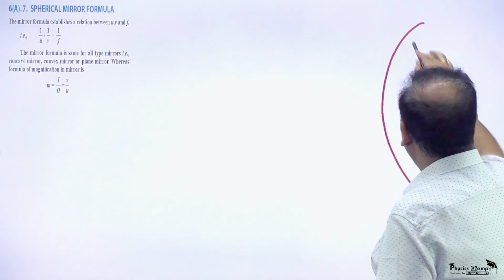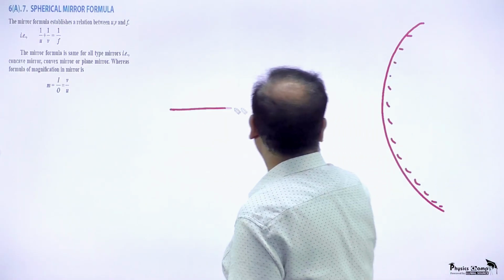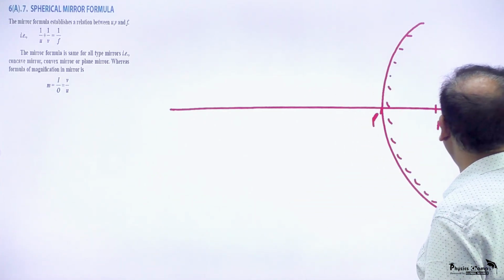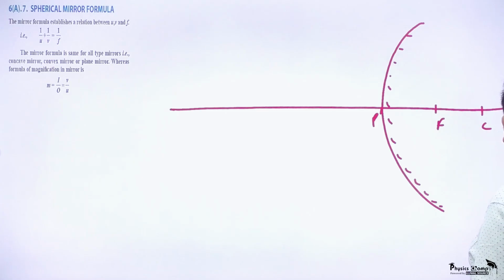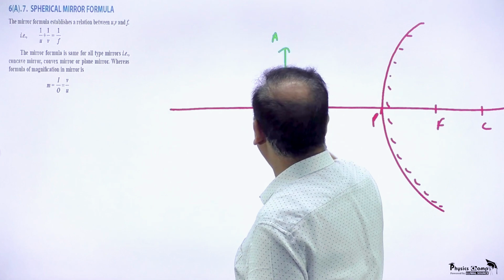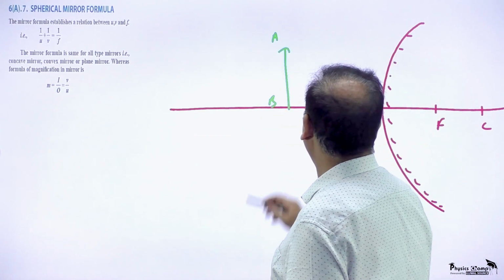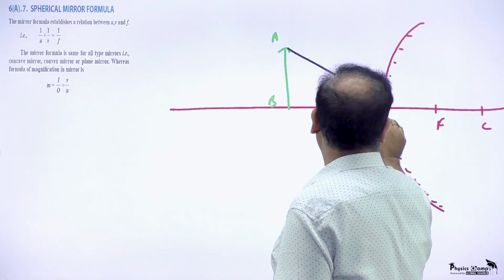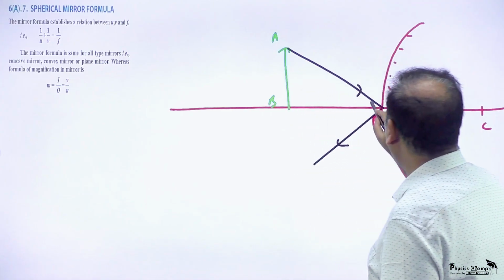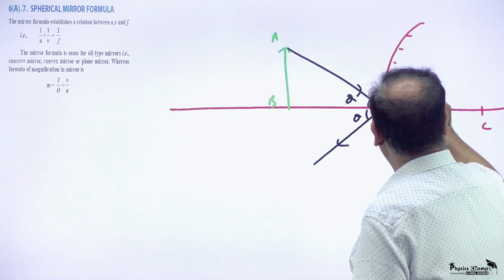So here is the convex mirror, here is the principal axis, this is pole, this is focus, this is center of curvature. You are keeping an object AB here. My first choice of the ray will be this one, reflecting at the same angle theta, and it appears to come from somewhere here.